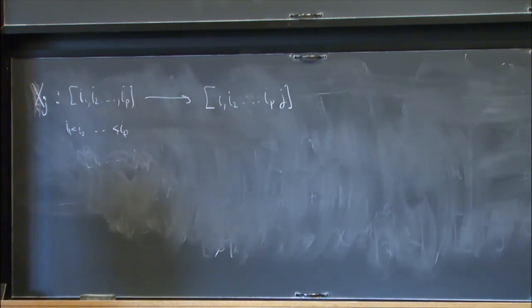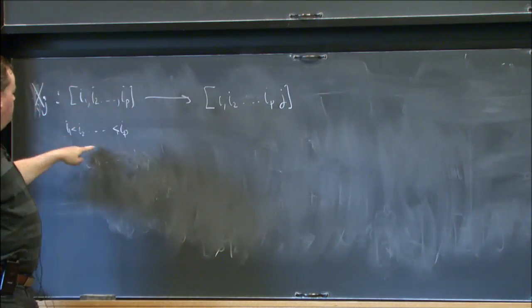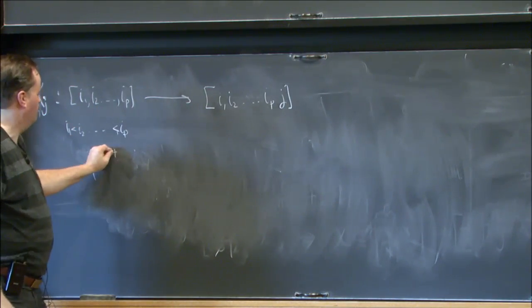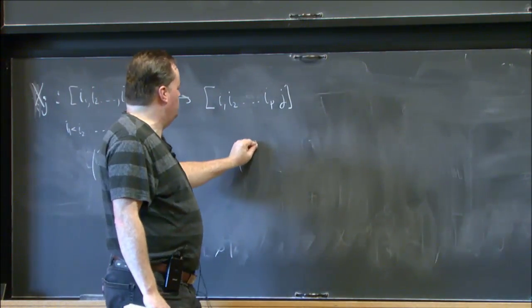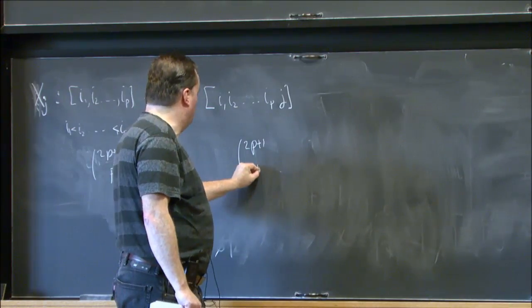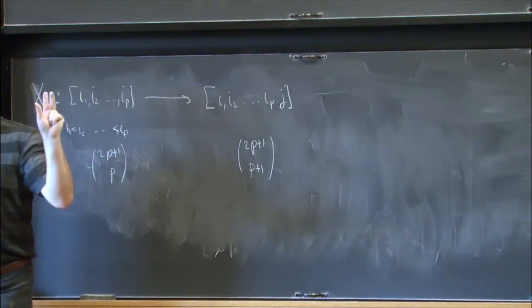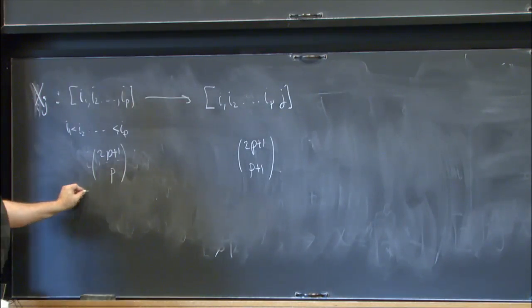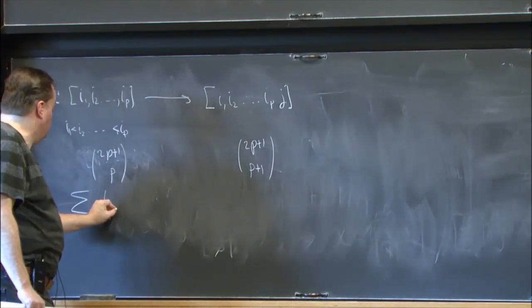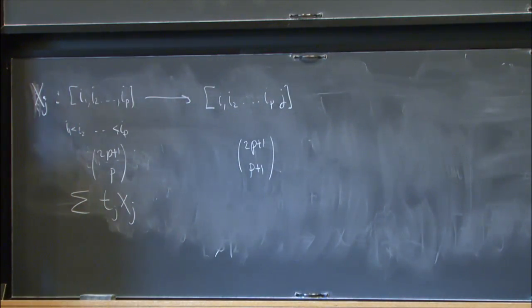That defines a map x_j. There are exactly 2p plus 1 choose p of these, which is also exactly 2p plus 1 choose p plus 1, because we can always sort them from small to large and get maybe some plus or minus sign. That's how these x_j are defined, and then we take the sum of t_j x_j, which is a linear matrix.